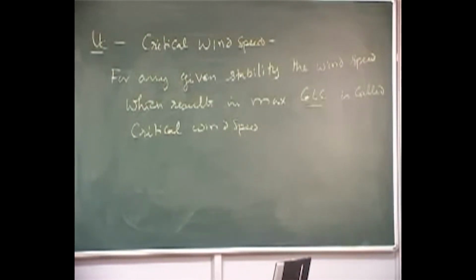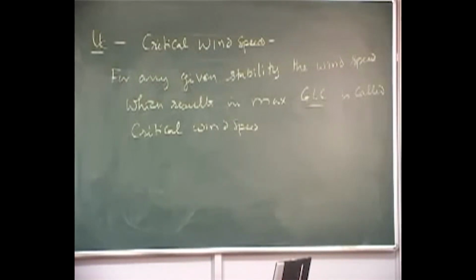We will not do that one, but at least you got the feel that there can be, and there is, a critical wind speed where the conditions can really be very, very bad, and that is what sometimes we are interested in.